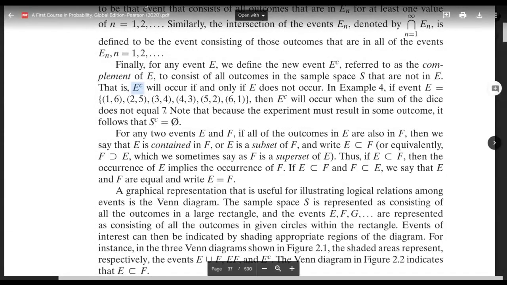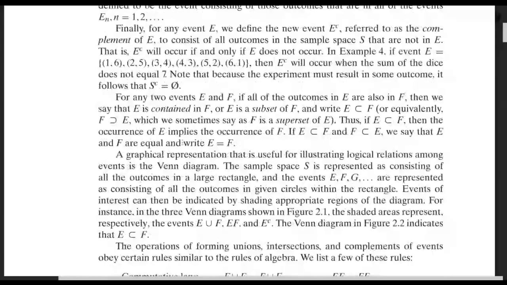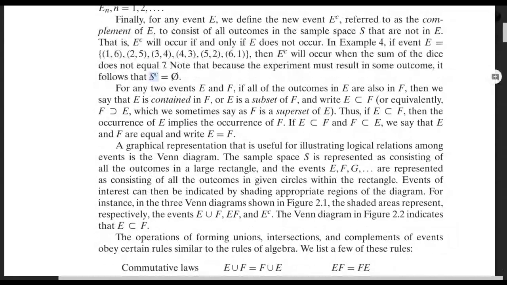Let me write it in the chat. Oh, it's also difficult to write. So just remember this. If you want to write it as a note: E union E complement equals the sample space, and E intersect E complement is the empty set because they have nothing in common. We also use this notation to represent the empty set.